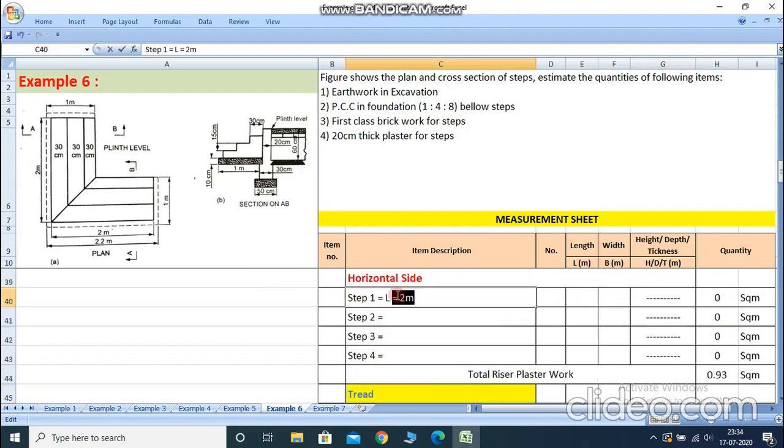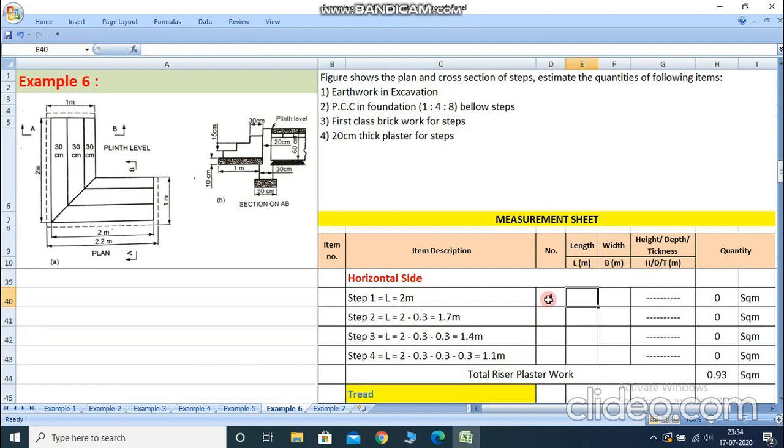For step 1, L is equal to 2 meter. Then for step 2, L is equal to 2 minus 0.3 is 1.7. For step 3, L is equal to 2 minus 0.3 minus 0.3 is equal to 1.4 meter, and L is equal to 2 minus 0.3 minus 0.3 minus 0.3, 1.1 meter.